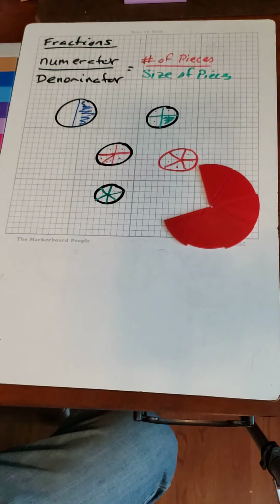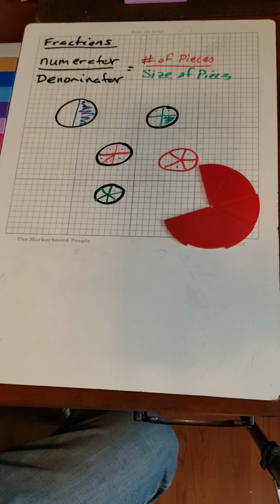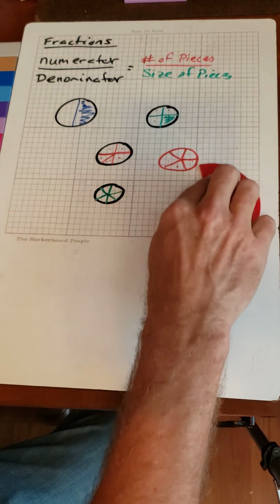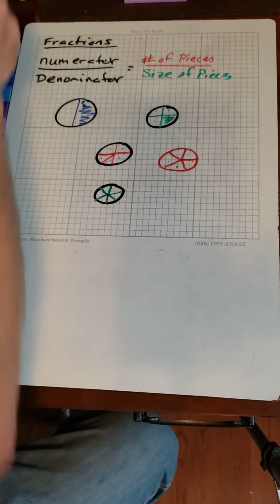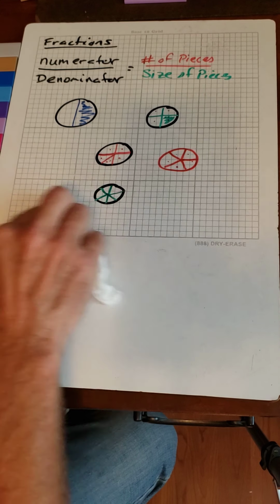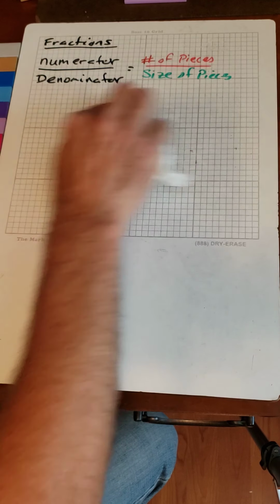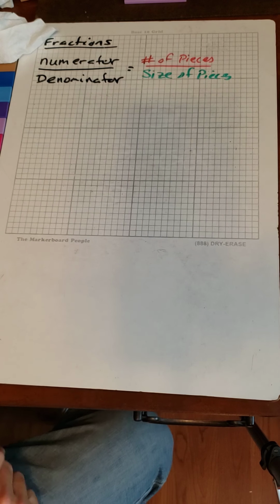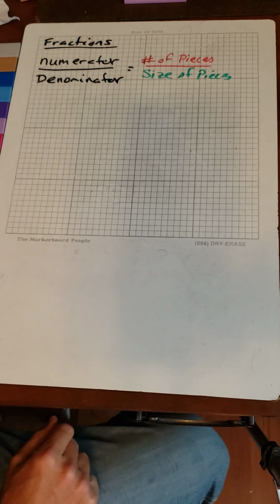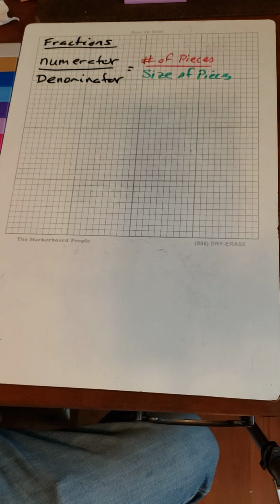It's hard to tell. So a little bit later in teaching them, we're going to help them understand how the rectangles work. Okay, so that's the first part: they have to understand the top number is the number of pieces and the bottom number is the size of the pieces, and that size of the pieces is inversely related to the number of pieces.